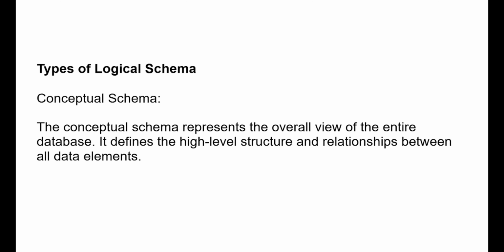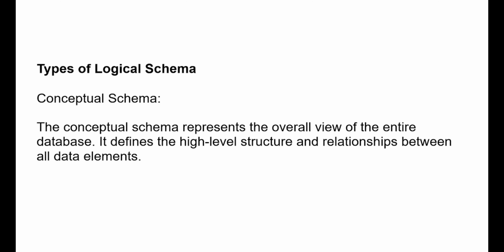The second type of schema is the external or view schema. An external schema defines user-defined views of the database, focusing on the portion of the database that is relevant to specific user roles or applications.